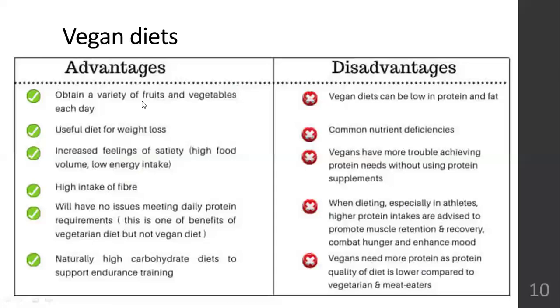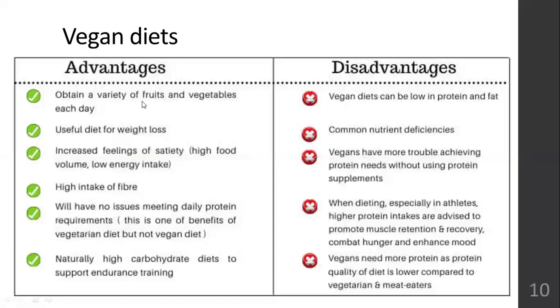The more fruits and vegetables you eat, the higher the fiber intake. You will have no issues in meeting your daily protein requirement. That benefits the vegetarian, but not the vegan diet, because in a vegetarian diet you will have milk protein, curd protein, etc., and it is naturally high in complex carbohydrates.